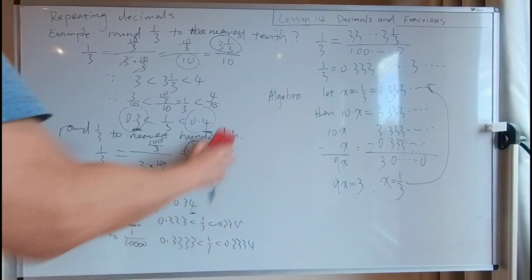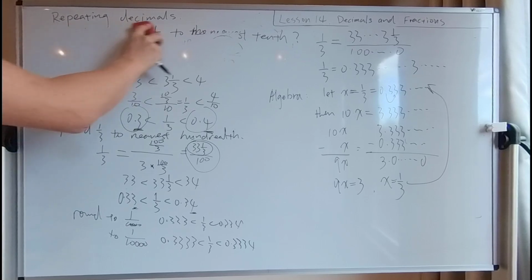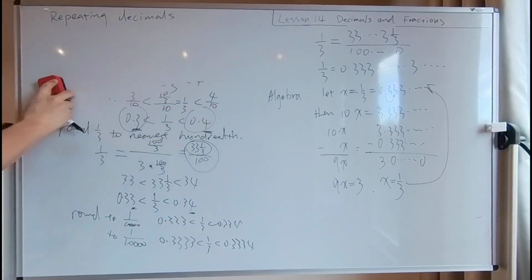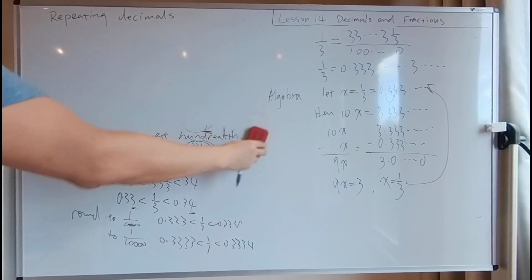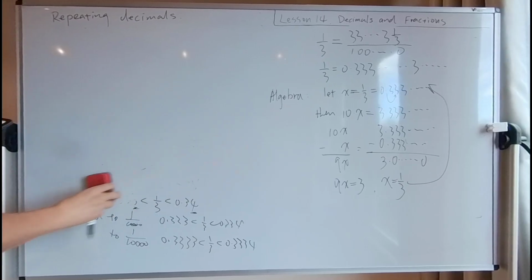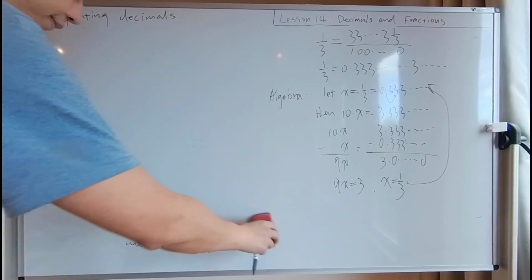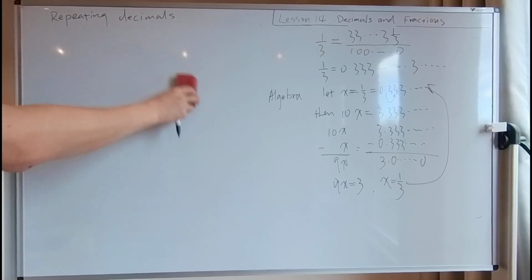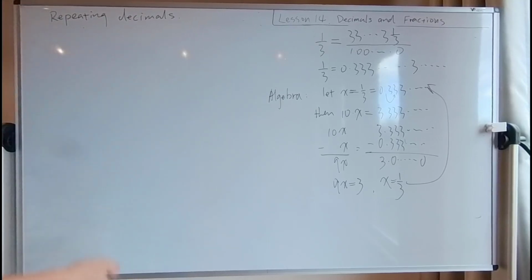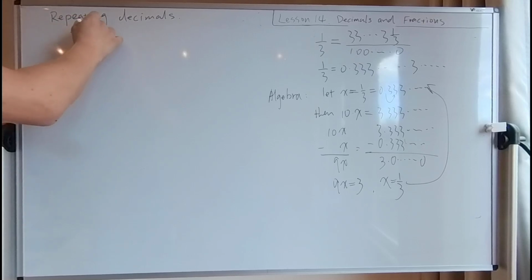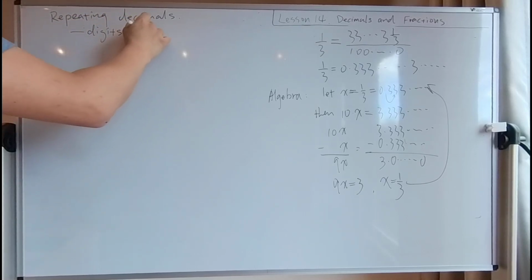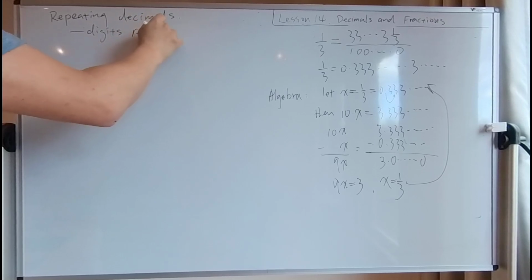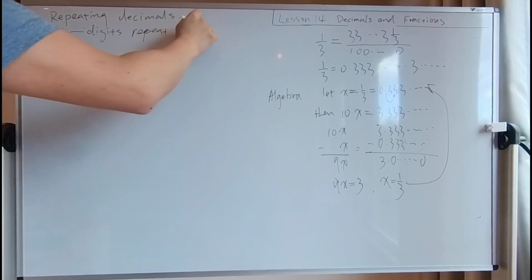Okay, so we have learned a new concept. Combining with the decimals that have a finite number of digits, we have two different concepts. The repeating decimal means the digits repeat forever.